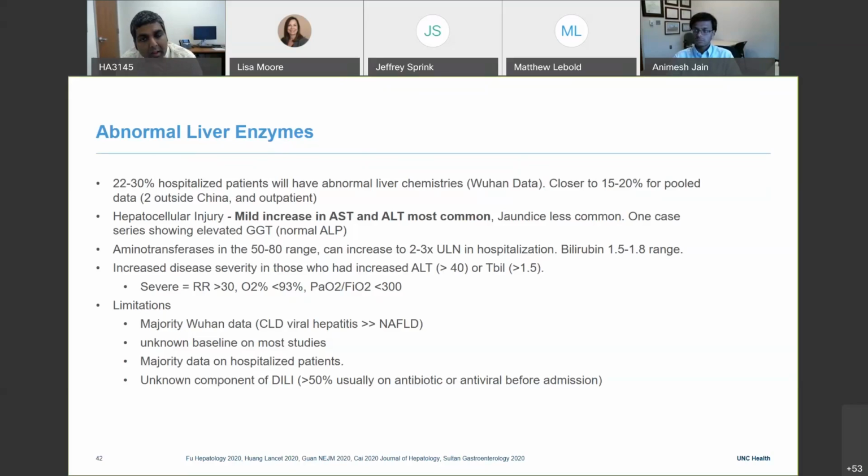And these studies have noted that the majority of patients who were coming into the hospital were already on some form of antibiotic or antiviral, presumably done as an outpatient when they were starting to feel sick. So, there's certainly that question as to whether or not there could be a component of drug-induced liver injury as well. You can go to the next slide.